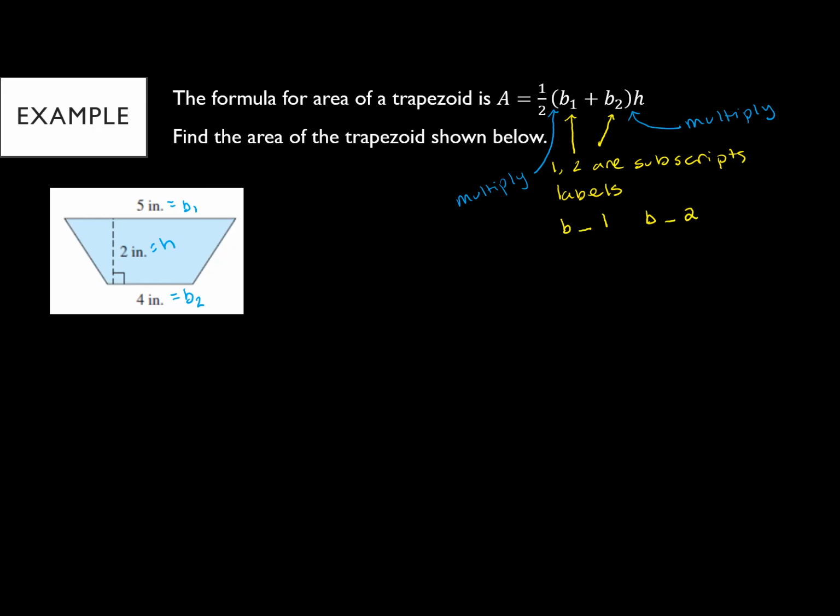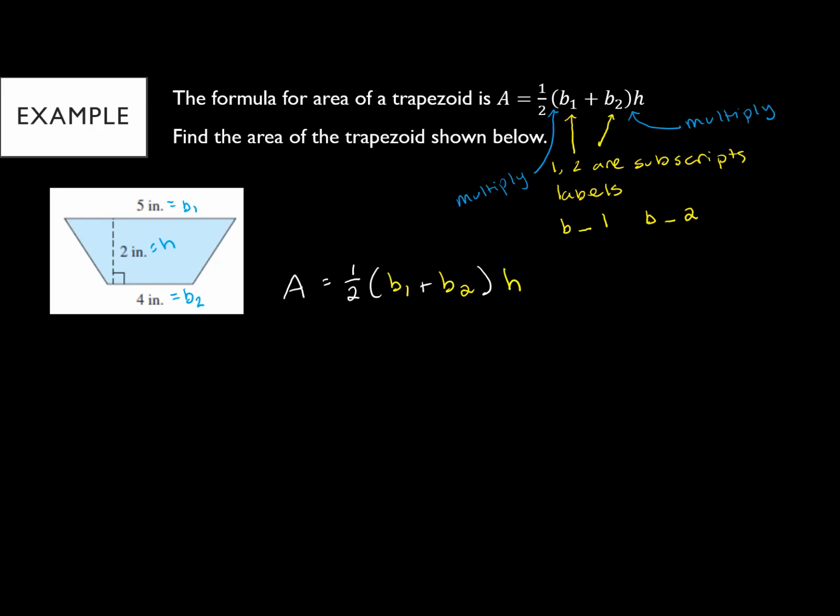So if we're finding the area, we are using this formula, and the A is going to stand for area. And we are replacing B1, B2, and H with their values that we get from our picture. So you want to make sure that you put them in the correct spot.